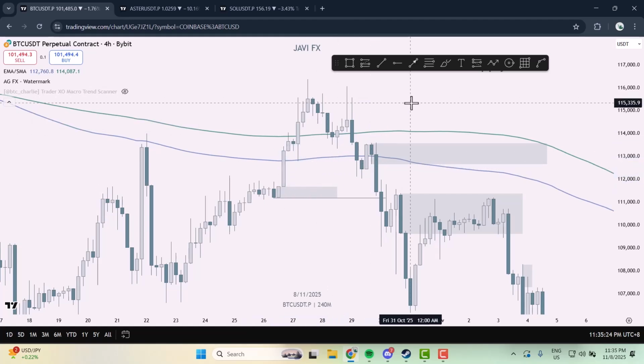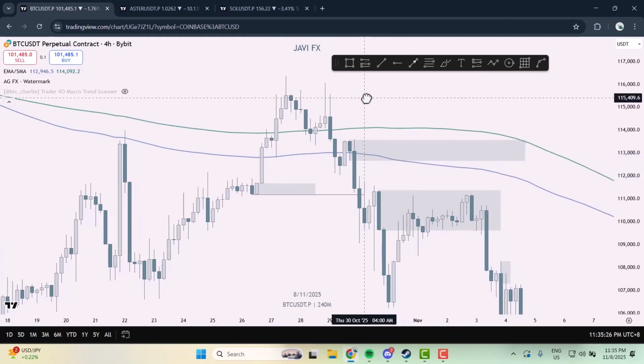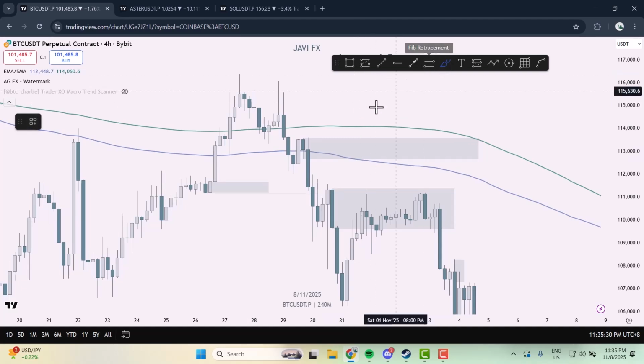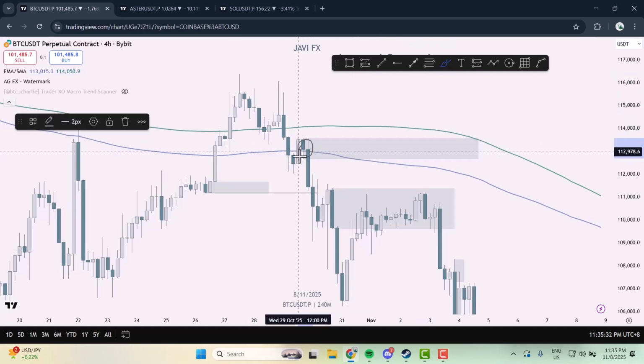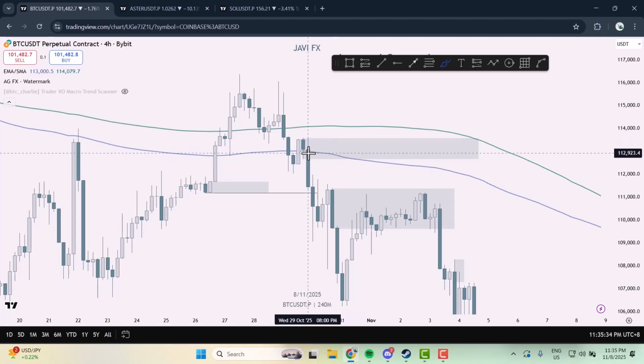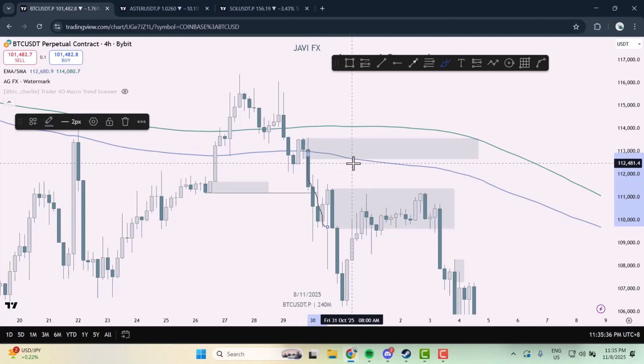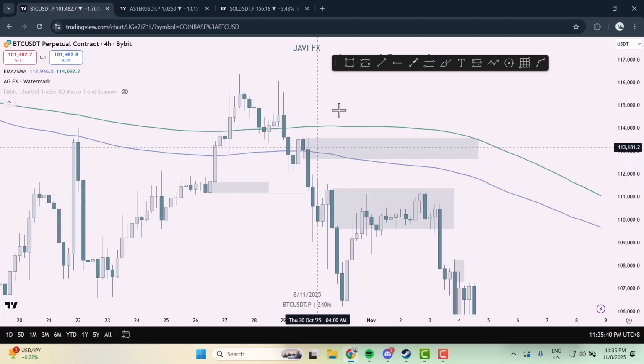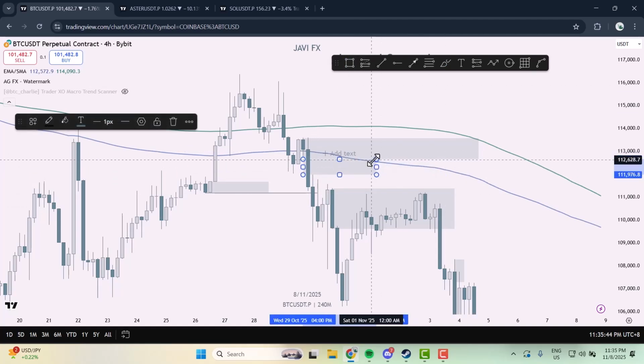You can use that exact same principle with a supply zone. A supply zone is the last candle before an impulsive move that caused a break of structure. There is an imbalance over here, so this is a valid supply zone.